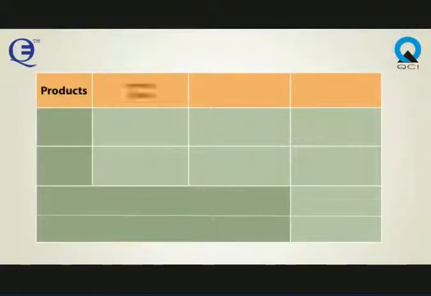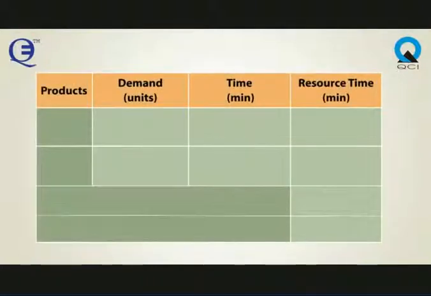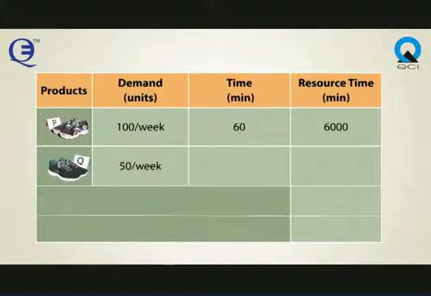He makes a calculation. I have to make 100 of P. It takes me 60 minutes to make P. 60 into 100, 6,000 minutes of my resources will be consumed by P. I have to make 50 of Q. It takes 50 minutes to make 1 of Q. 2,500 minutes of my resource time will be required to make Q. Total put together, it comes to 8,500 minutes.